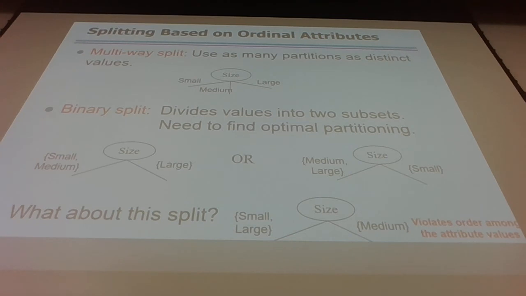One important thing is the size attribute. Some multi-way splitting you cannot do with ordinal data. With ordinal data, the split should keep the order. So for example, a split grouping size small and large while keeping medium in a different class may not be feasible, because you are negating the order.